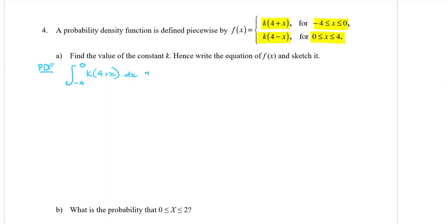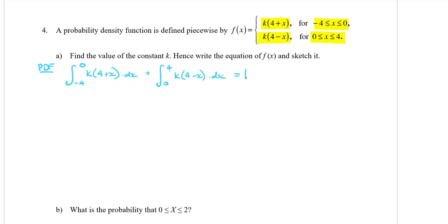I would want to add to that the section from 0 to 4, which has the equation k(4 - x) dx. Those two areas will have to make a probability of 1. I will integrate them and solve to find out what k is.